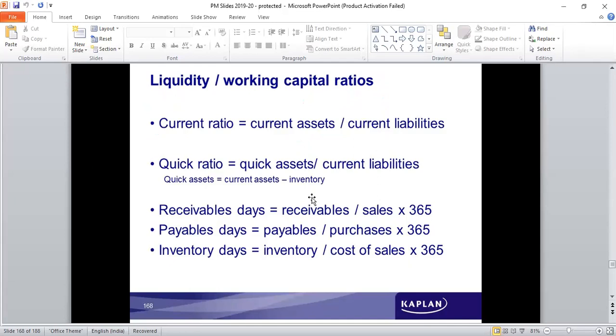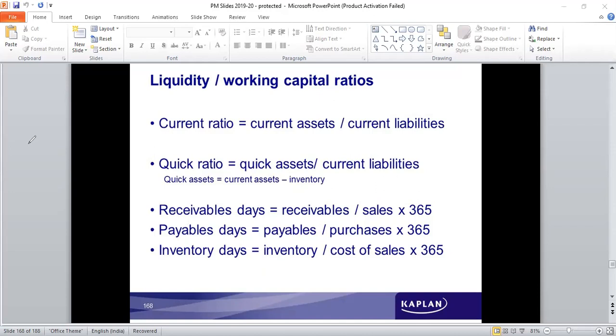Then individually for each of the current assets, we have a turnover ratio called the receivables turnover ratio, which is credit sales divided by receivables. That converted into the number of days, we have the concept of receivables days.